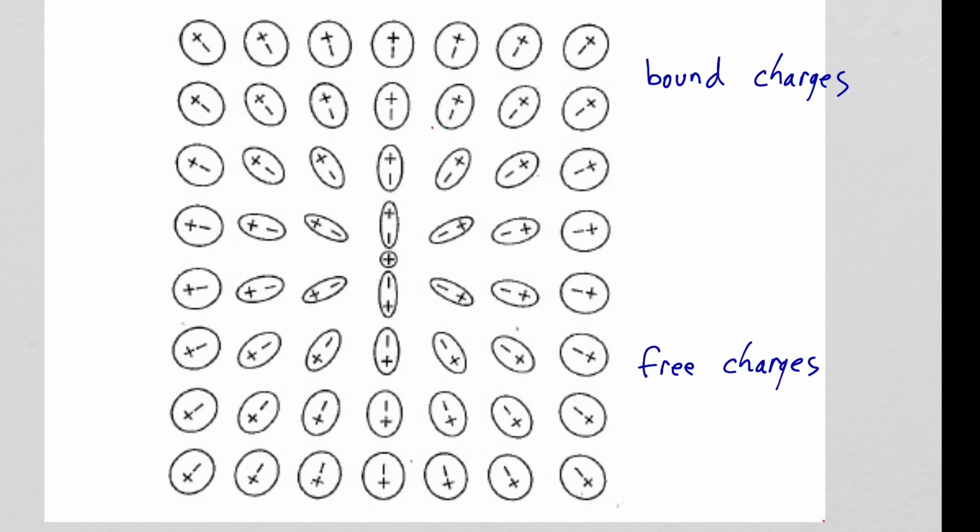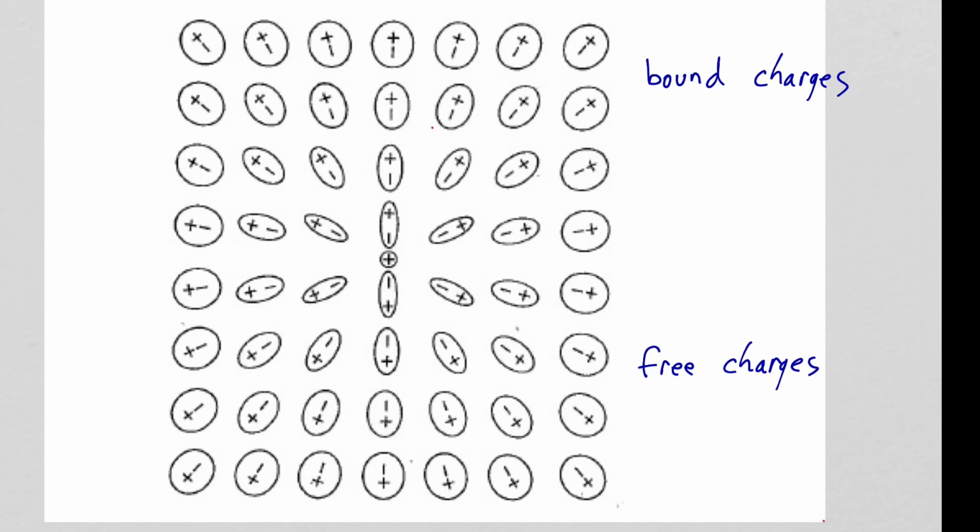All other charges are free charges. So this proton is a free charge, even though it's embedded in and stuck inside this diamond structure. It's a free charge because it's not tied up in an electric dipole with a corresponding negative charge.